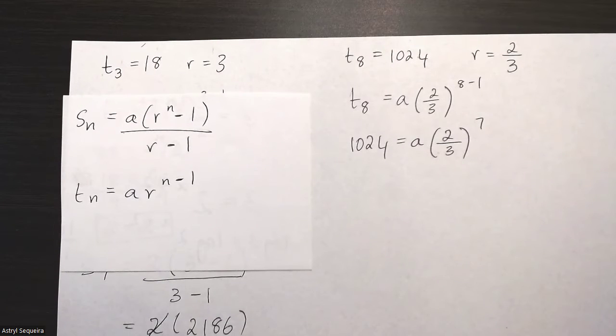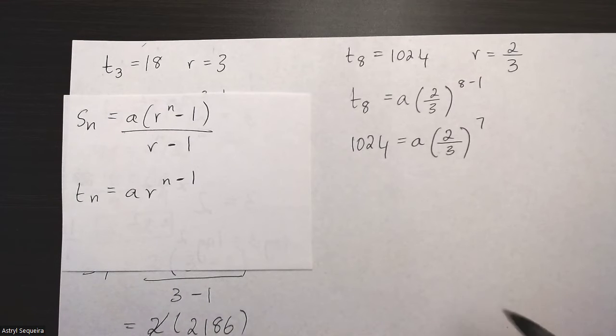I'll do 2 over 3 to the power of 7 in my calculator, although you could do it mentally as well. Just going to rely on my calculator here.